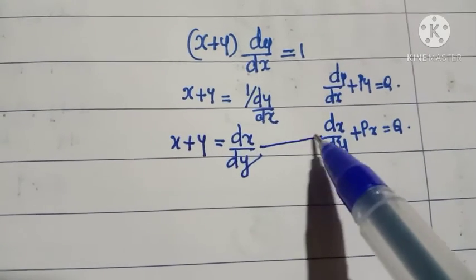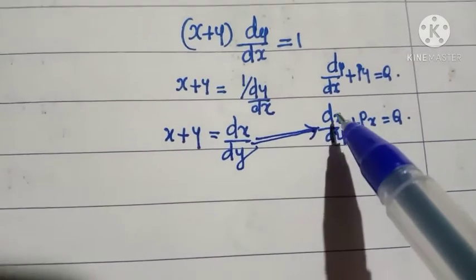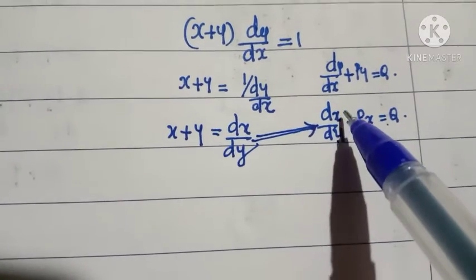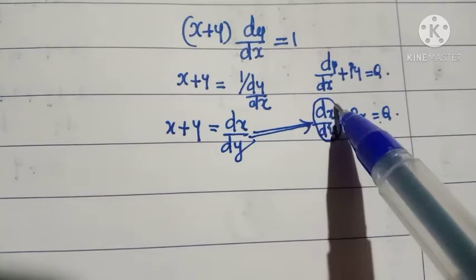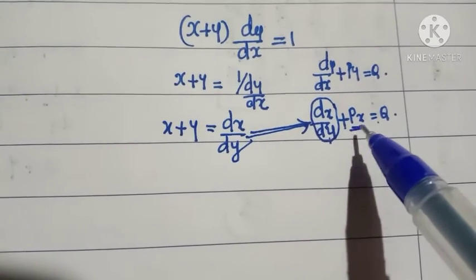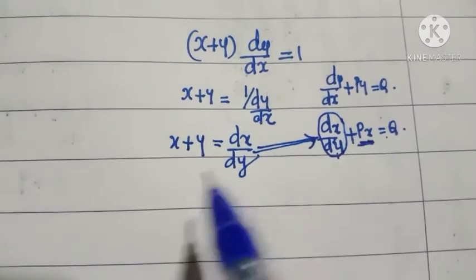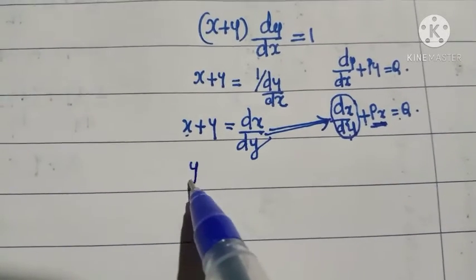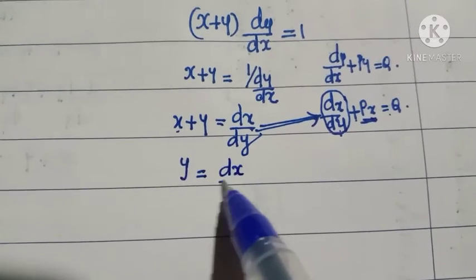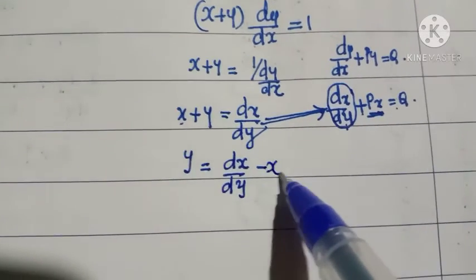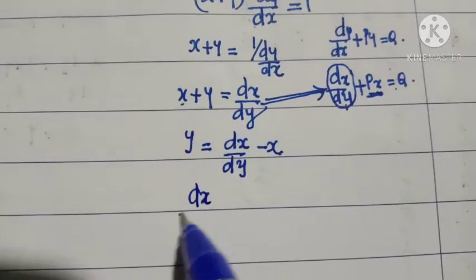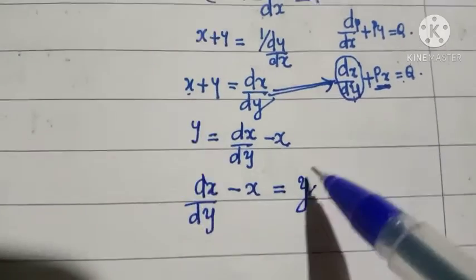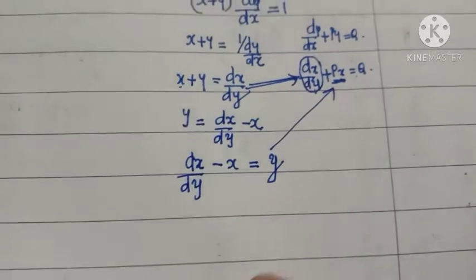So we can convert this equation into the form dx by dy plus Px is equal to Q. Along with this dx by dy, we need a function of x. For this, take this x to here. So this becomes dx by dy minus x is equal to y.